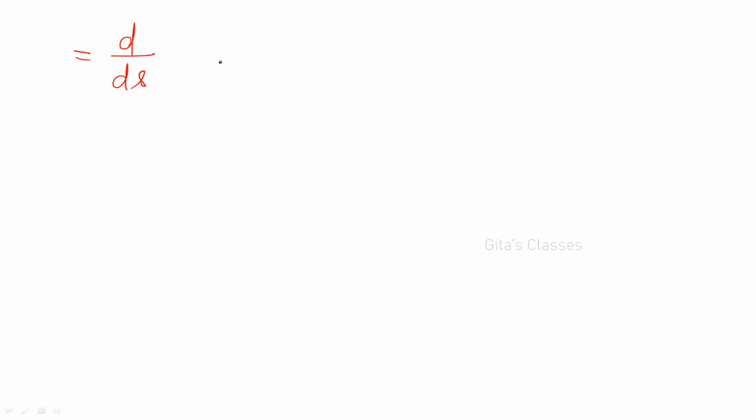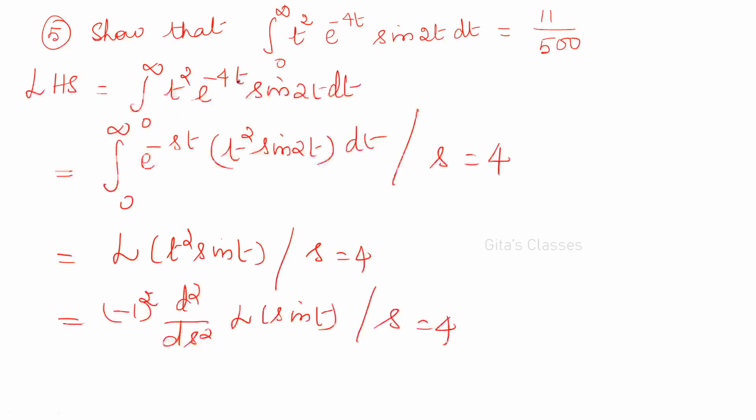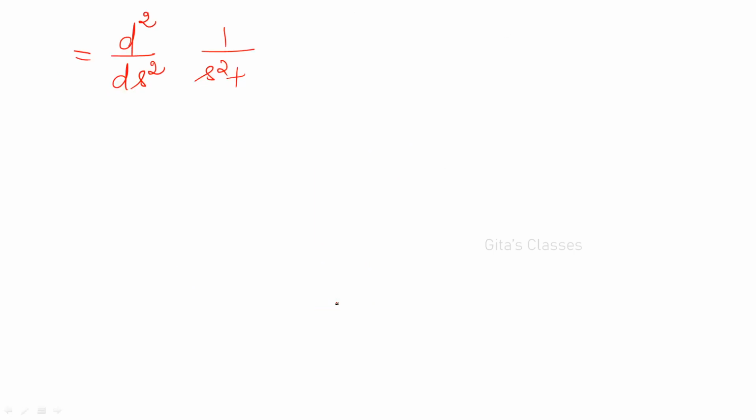D squared by, first let us write L of sine t is 1 by s squared plus L of sine 2t. Here this is sine 2t. So what is L of sine 2t?